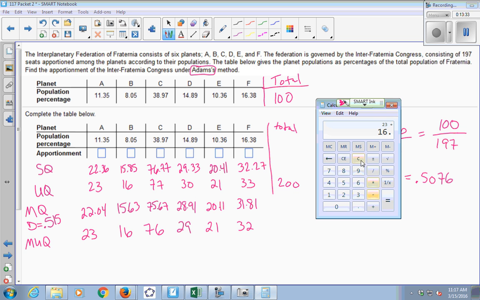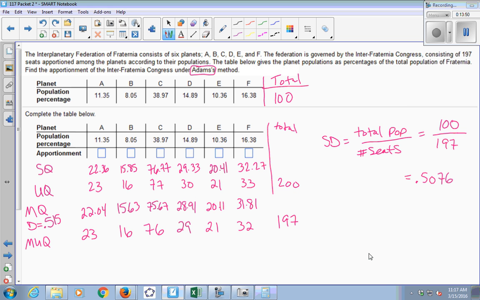Oops. I did? Great. 23 plus 16 plus 76. You just looked at how many seats we picked up? Yeah, 197. Very good. Awesome. So this is the answer. This is the final apportionment.